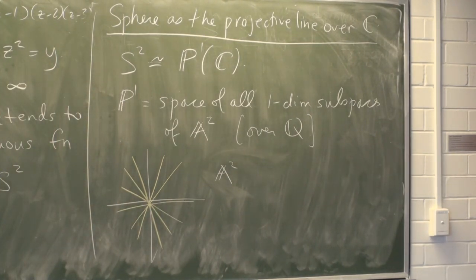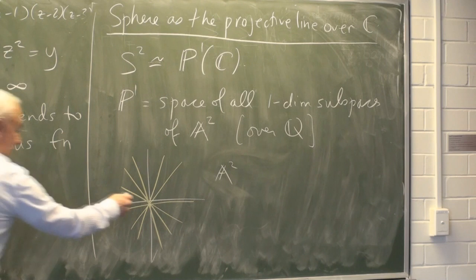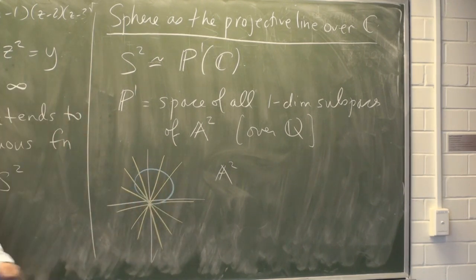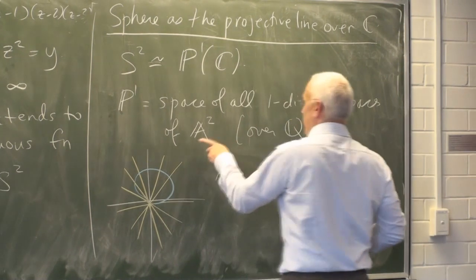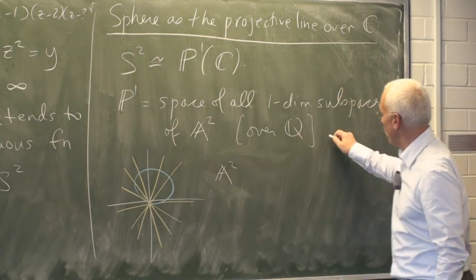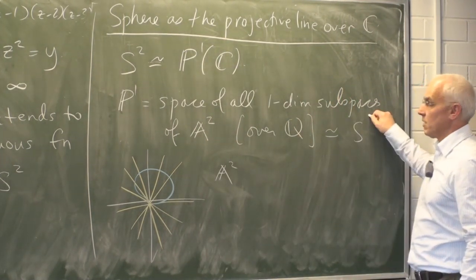And then you may remember that we decided that the space of all lines was topologically a circle. Remember that? So we said, oh, we could put a circle in just like that, and that labeled all the lines through the origin. So the P1, the space of all one-dimensional subspaces of A2 over Q, that was really the same as a circle.